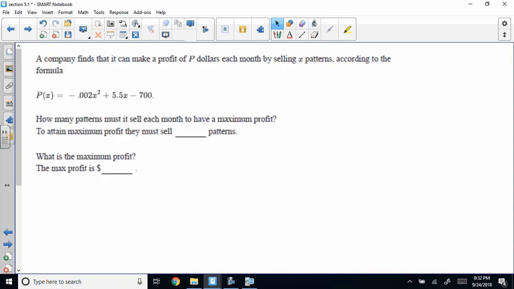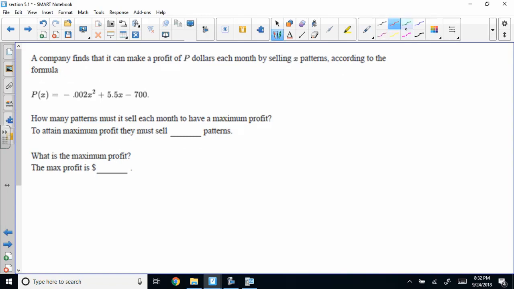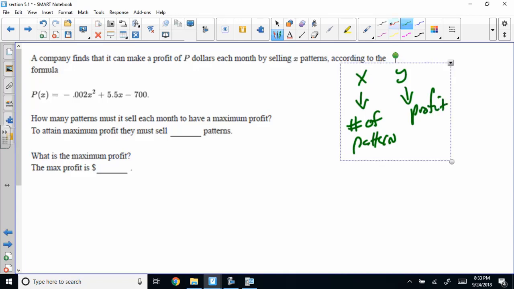Well, x is the number of patterns, right? The y is the profit, right? Now, I'm using x and y, but that's really going to be my h and my k, right?